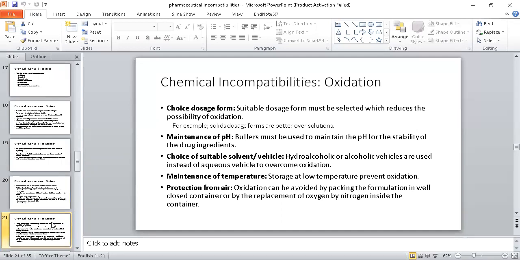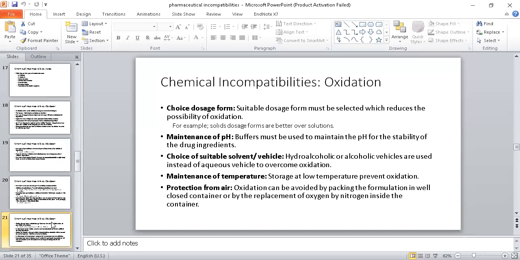Maintenance of pH. Buffers must be used to maintain the pH for the stability of the drug ingredients. Choice of suitable solvent or vehicle: hydroalcoholic or alcoholic vehicles are used instead of aqueous vehicle to overcome oxidation. Maintenance of temperature: storage at low temperature prevents oxidation.